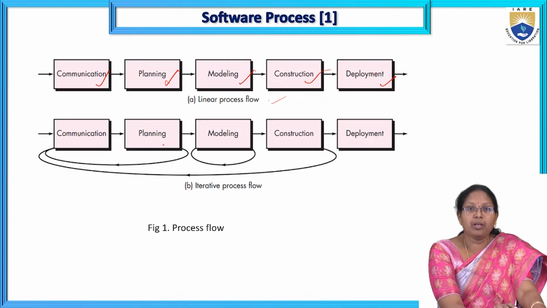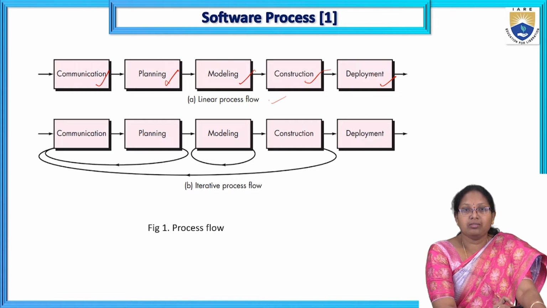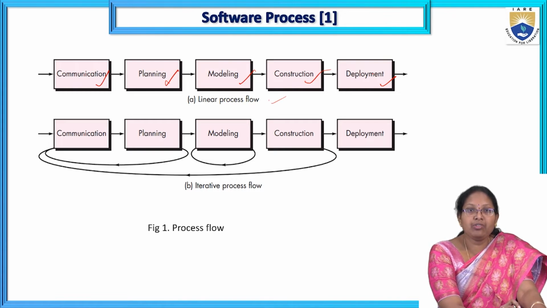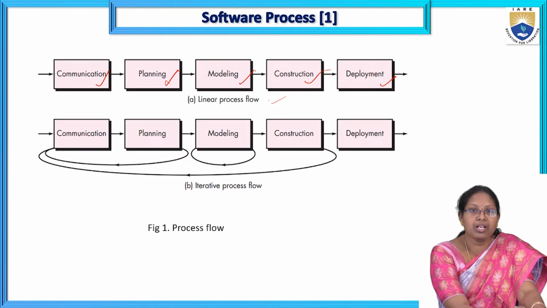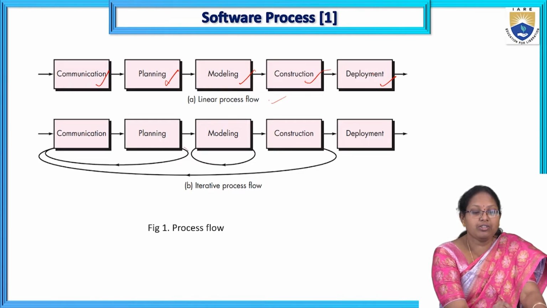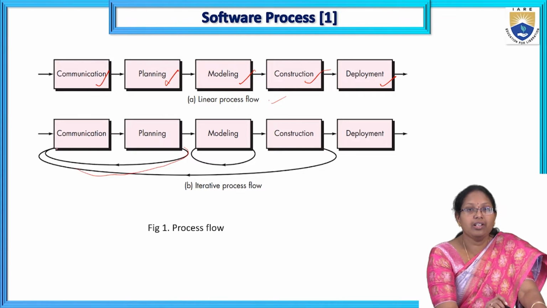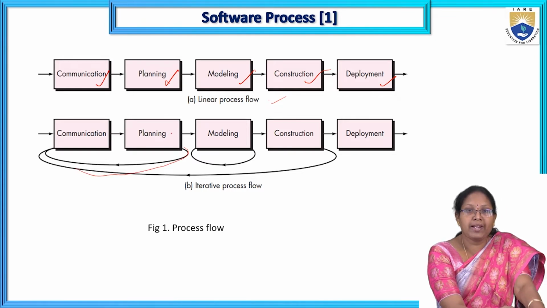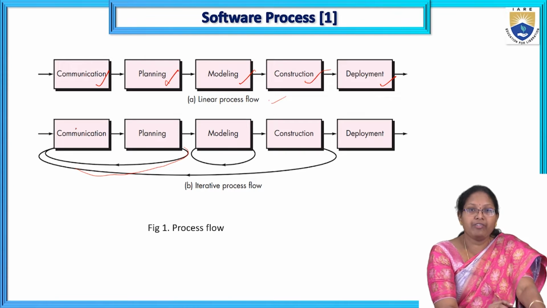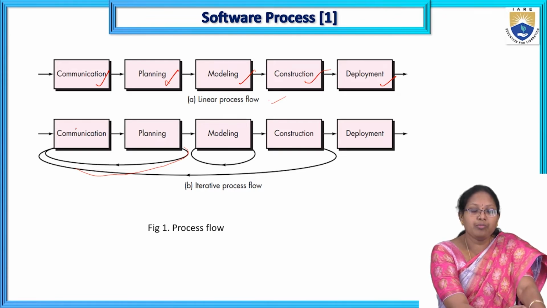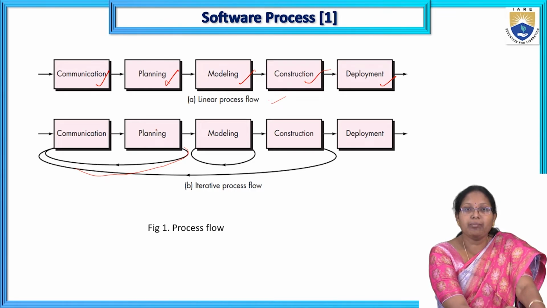After planning, suppose some other modules or other things can be planned again, then go back to communication and collect the requirements from the communication phase. Again from the communication phase collect the information, and again do planning.